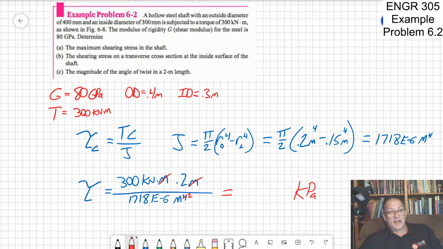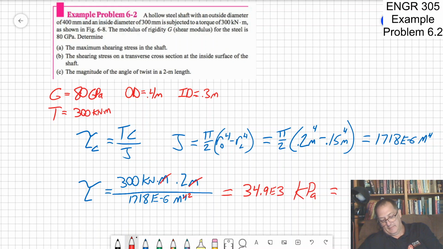Then I do 300 times 0.2 for 60... 300 times 2 for 600 divided by 1718 E negative 6, and I'm going to get 34.9 E3 kilopascals.